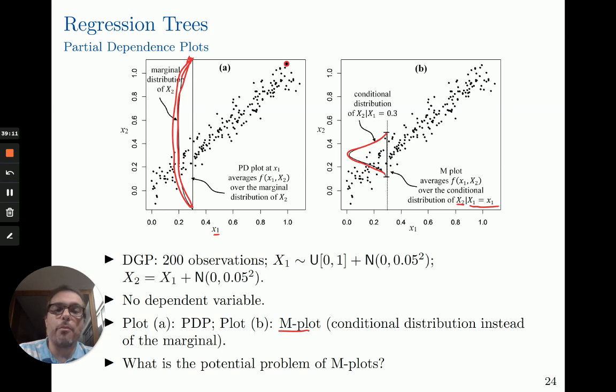So it makes a lot more sense to average over the conditional distribution. So this is the M plot. It's a much nicer way to see the shape of this estimated nonlinear function.